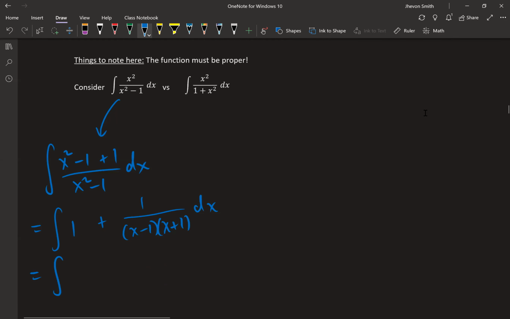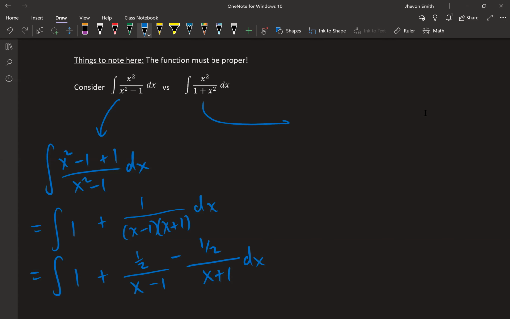And then this guy you can actually break up into this guy, which in this scenario you can actually do the cover up method to get to the answer easy. Cover up x minus 1, plug in 1, you get a half. Cover up x plus 1, plug in this, you get minus a half here. Right? So that would be the way to go. And each of these now look like a basic rule. We're now back in step 1.